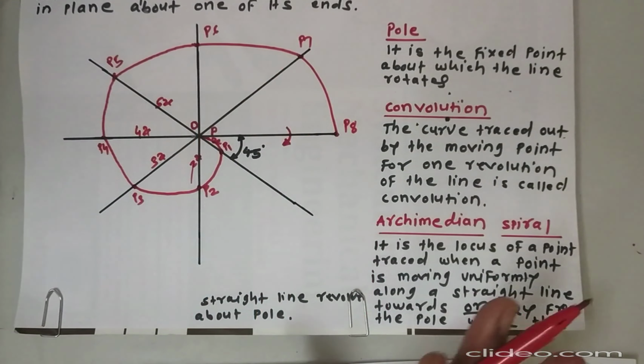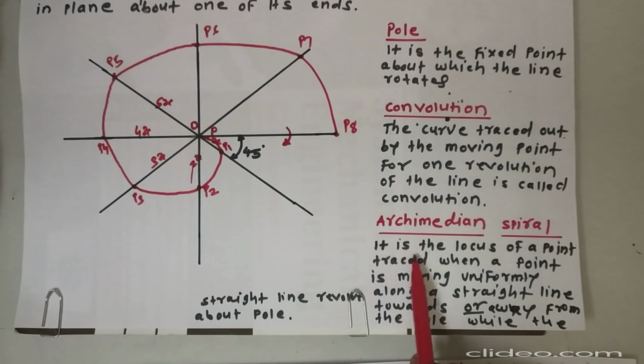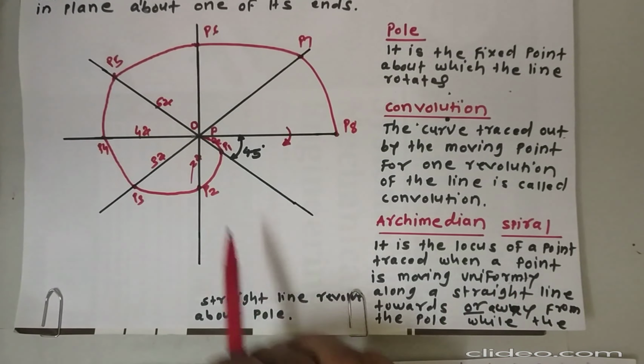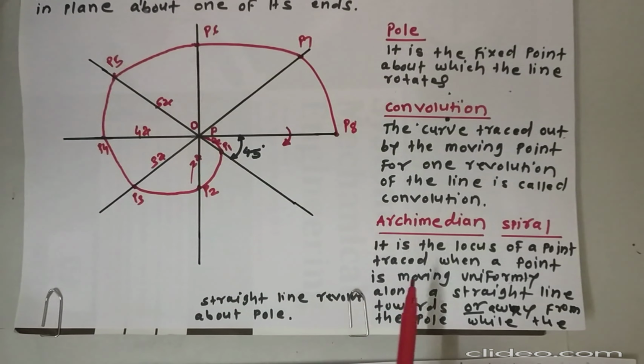So this is the meaning of the statement. It is the locus of a point traced when a point is moving uniformly along a straight line towards and away from the pole, while the straight line revolves about the pole. So this is called Archimedean spiral.